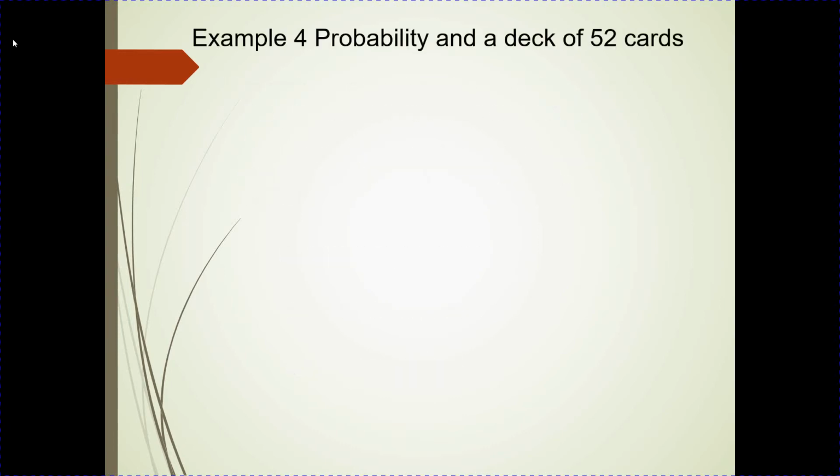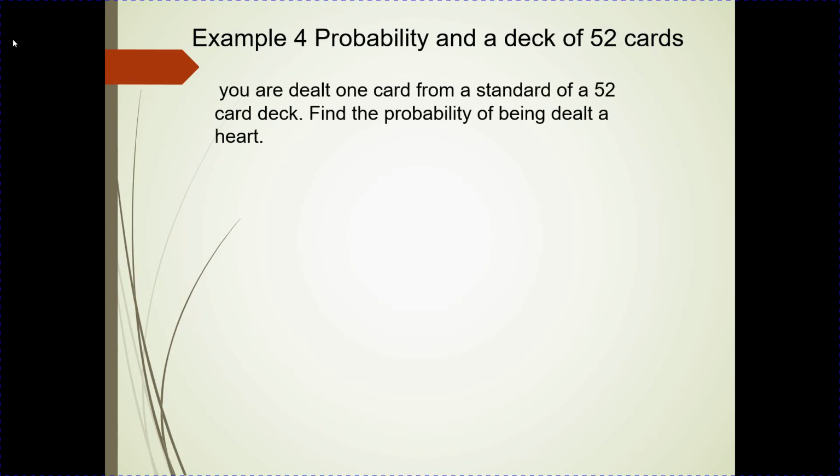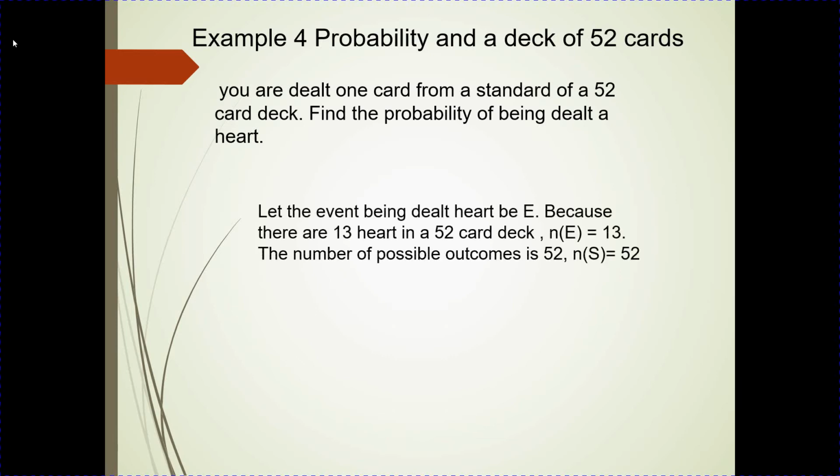Another example, probability and a deck of 52 cards. So let's see example 4. You are dealt one card from a standard deck of 52 cards. Find the probability of being dealt a heart. Okay, so here, as we know, from 52 cards we are going to have 13 hearts.